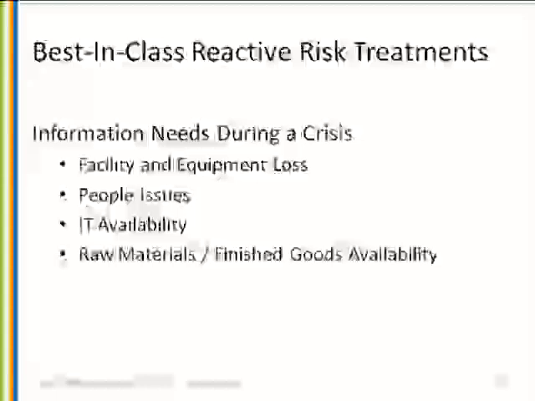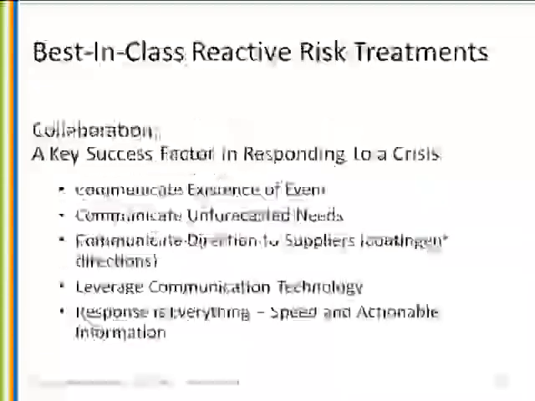Issues with people in terms of casualties or an inability to report to work or an inability to support the recovery effort. Other resource availability like IT, raw materials and finished goods availability. That last one becomes so critically important because when we're talking about supply chain risk management, ultimately when can the raw materials and finished goods become available?